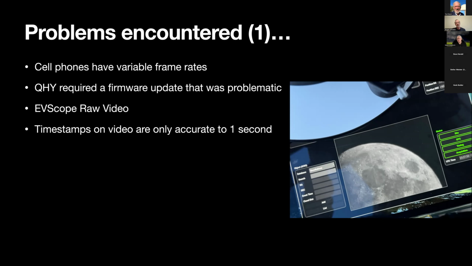The timestamps on the video are only accurate to 1 second, and for the flasher on the iPhone, the best case was 50 to 200 milliseconds accuracy if there was a good cellular connection, and who knows what time the cellular provider was kicking out for the phone to sync to, right?